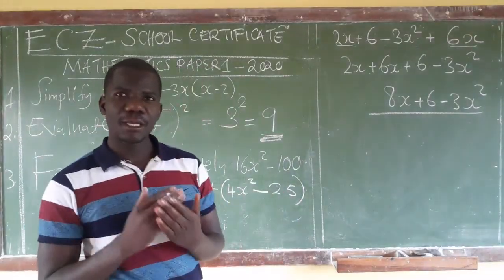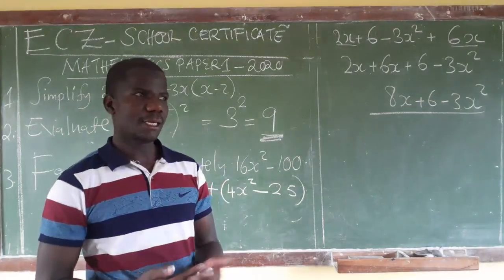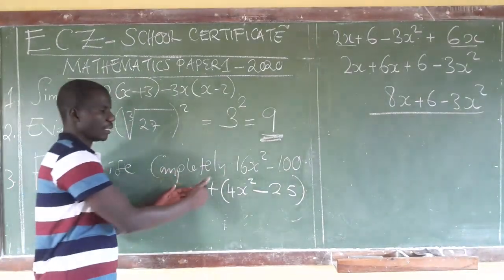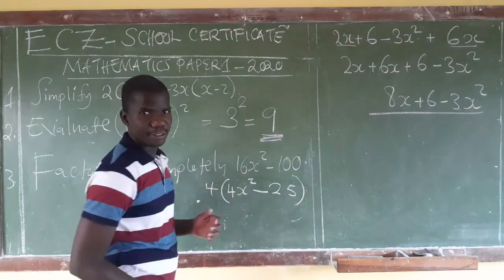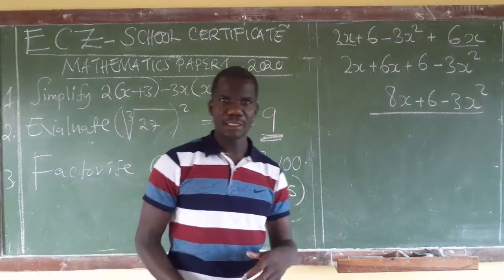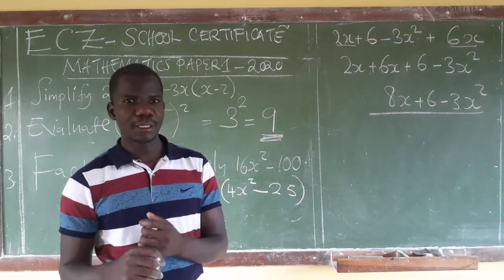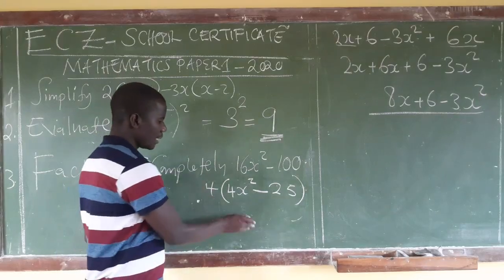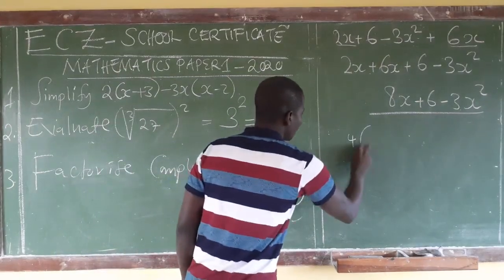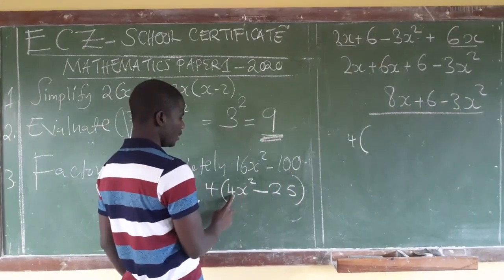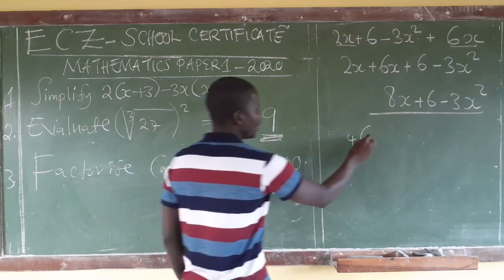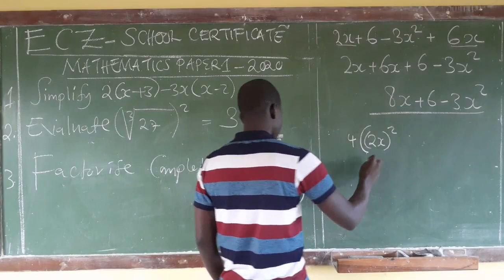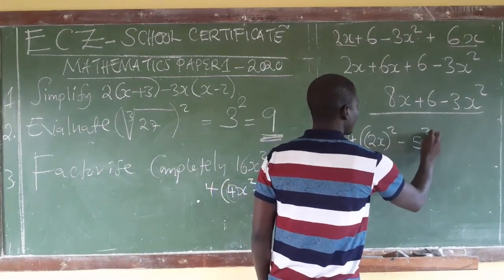We have done 4 methods of factorization in this syllabus, so we should move from one method to the other. Here we used the common factor method, but when you look at what we have in the brackets, one method that can apply is the difference of 2 squares. So this becomes 2x squared minus 5 squared.